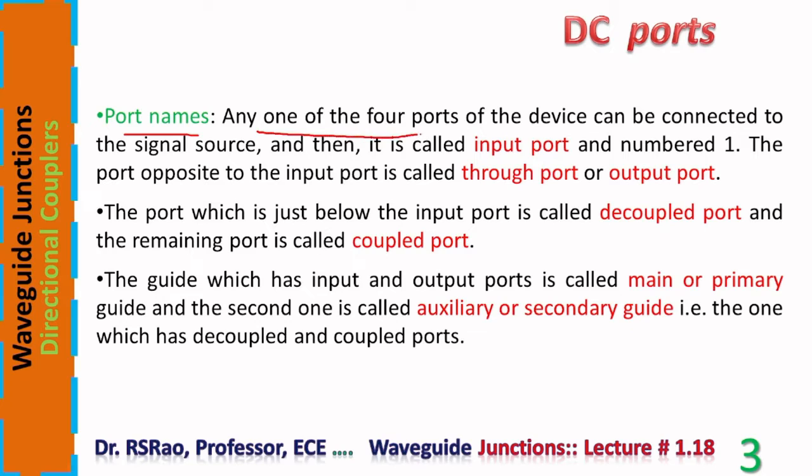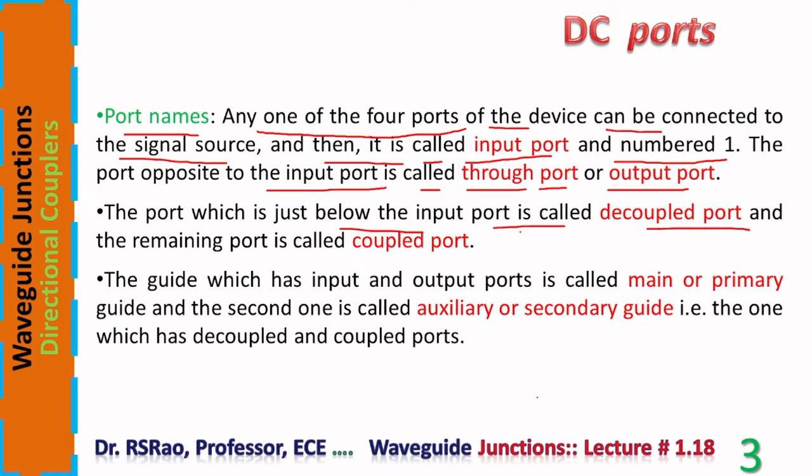Any one of the 4 ports of the device can be connected to the signal source, and then it is called input port and it is numbered as 1. The port opposite to the input port is called through port or output port. The port which is just below the input port is called decoupled port, and the remaining port is coupled port.